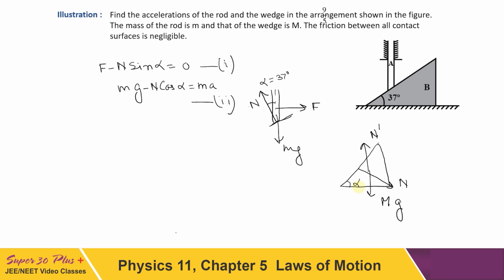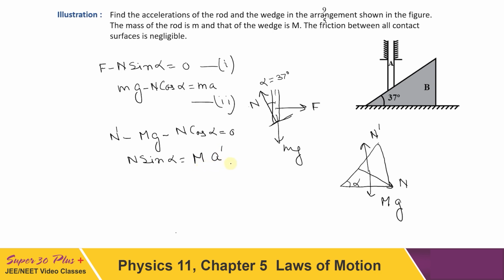And the forces in the vertical direction are N dash minus Mg minus N cos alpha. That should be equal to 0. What about the horizontal direction? It will be N sin alpha is equal to M into, this time I am writing the acceleration as a dash for the wedge. So this is Ma dash.